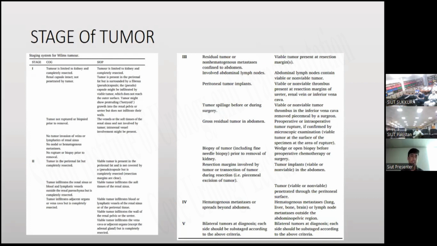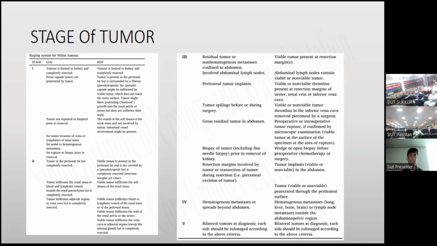Stage 1 is when the tumor is limited to the kidney and completely excised in COG guidelines, while it is similar in SIOP. In stage 2, the tumor is extending beyond the kidney. It is involving structures like the perirenal fat, but it is completely excised, where the margins are free.